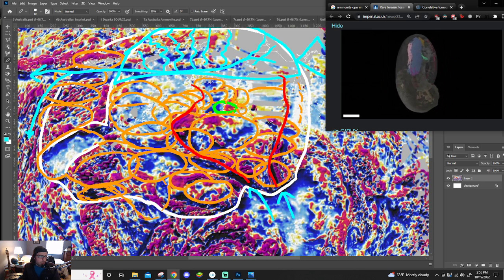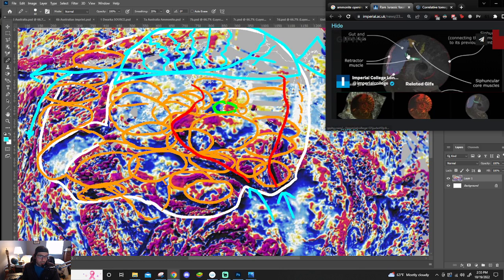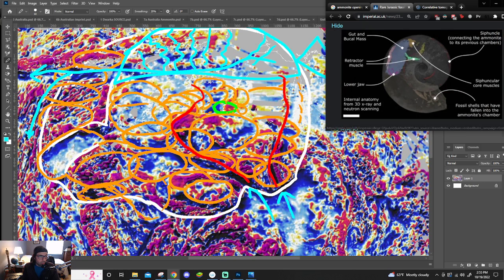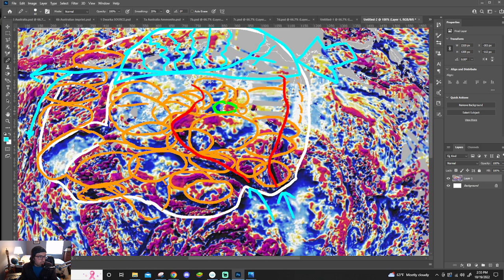So we've got pretty much all the features, and then even this little region, maybe. I didn't know, it's this retractor muscle. I guess if it's a channel on the other side, then it looks like there's also a channel that cuts through here and cuts this way right to the nucleus.